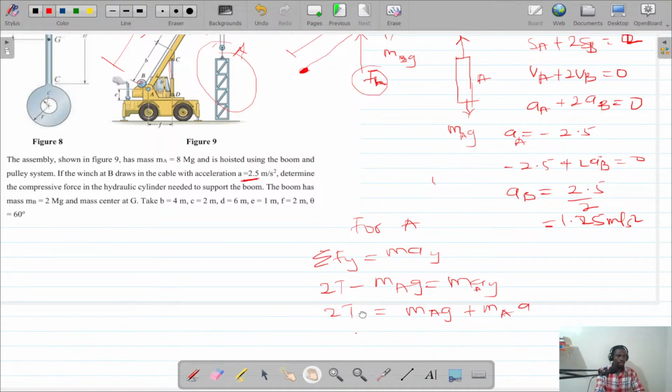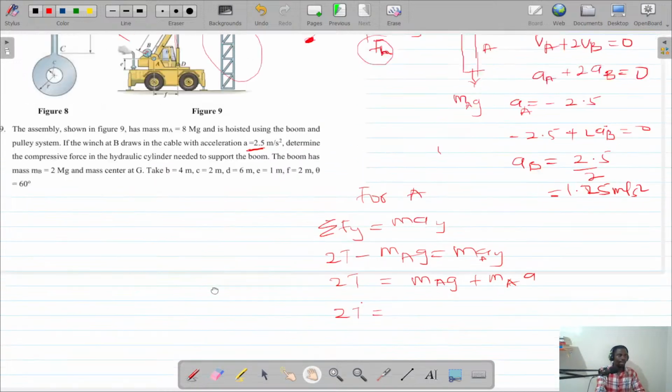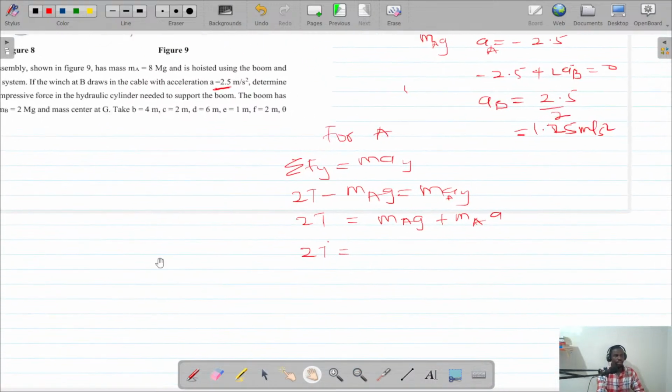So 2T will be equal to, the mass A is 8 megagram, and that will be 8,000 kilogram, right? And then B is 2 megagram, and that will be 2,000 kilogram. So we have 8,000 bracket 9.81 plus acceleration, which is 1.25.